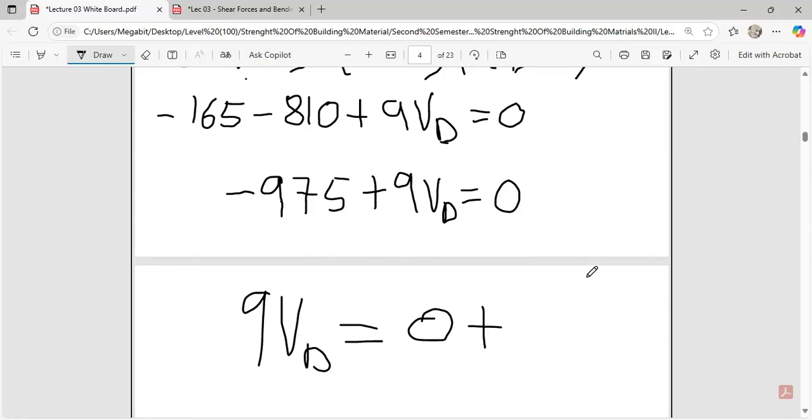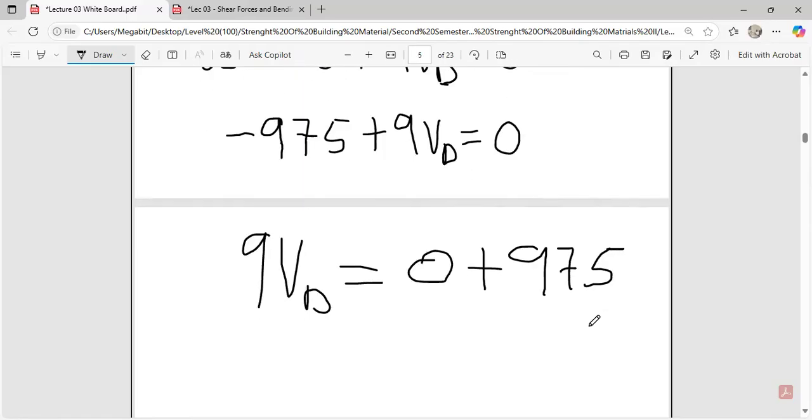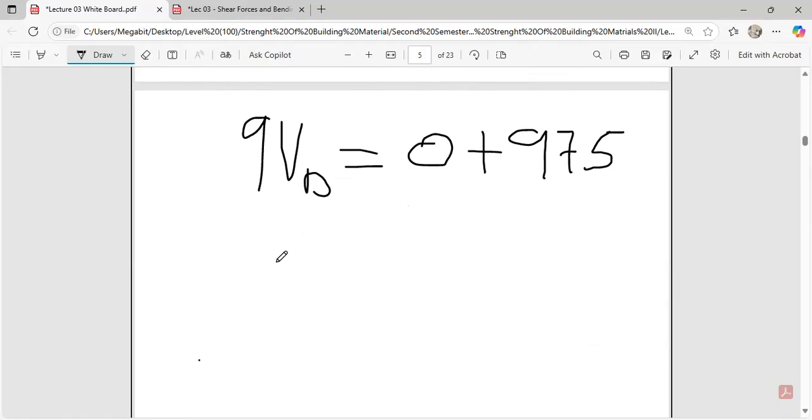If it's moved to this side, it's going to be positive. So 0 plus 975. At the end of the day, I'm going to get 9 VD equal to 975.